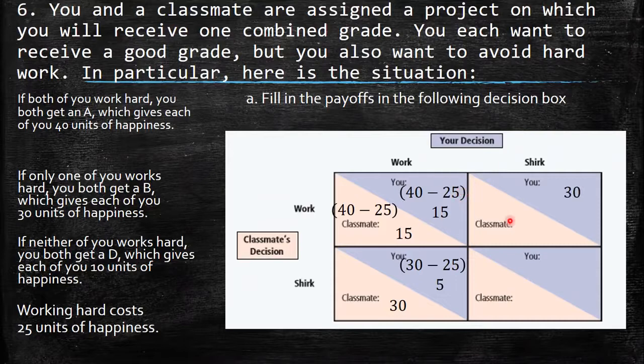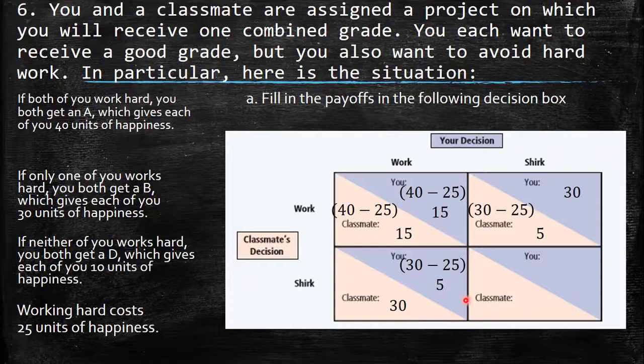Then it should be exactly the same, just slid over to the other side, so they should be 30, and then the other one should be 30 minus 25, 5, exactly the same as we did for this one, okay?